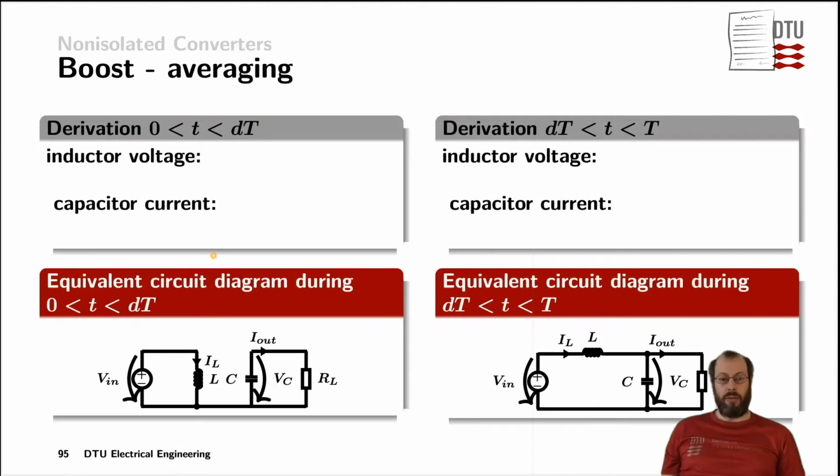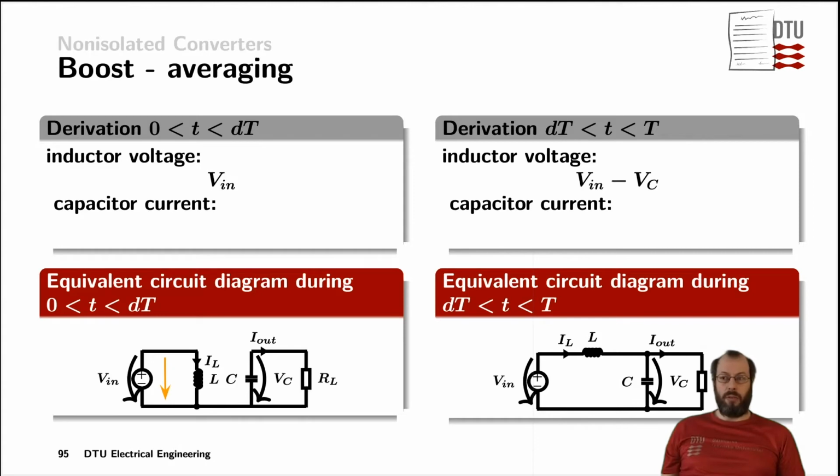Applying the same averaging method as we did in the buck converter, we need to derive the inductor voltage during both states and the capacitor current while the switch is turned on and while the switch is turned off. During the on time of the switch, the inductor is in parallel with the input voltage source. That means the input voltage is applied across the inductor.